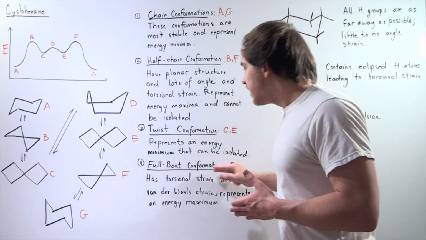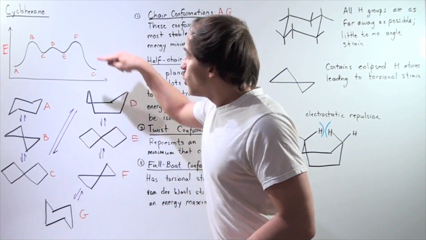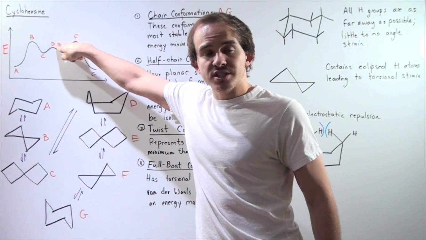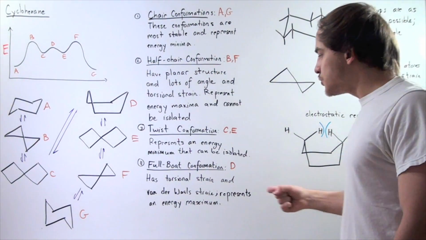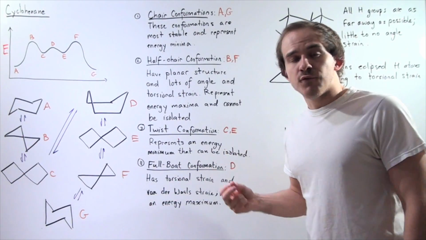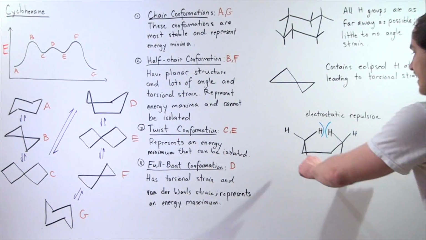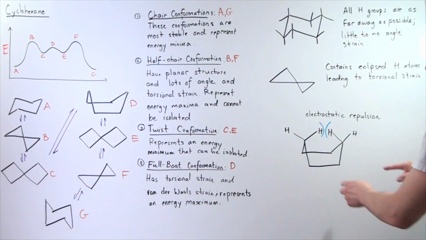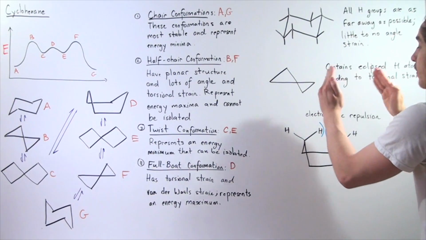Now let's examine the full boat conformation given by D, which is here. It's a transition state, another transition state. Earlier we mentioned van der Waals strain forces. What is that and what causes it? Notice that in this conformation we have two H atoms that interact. They bump one another.